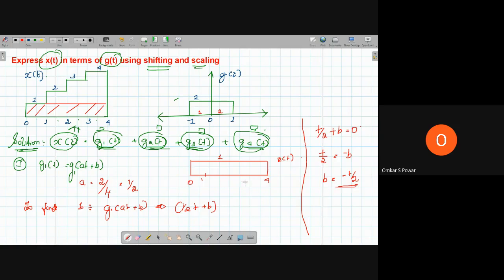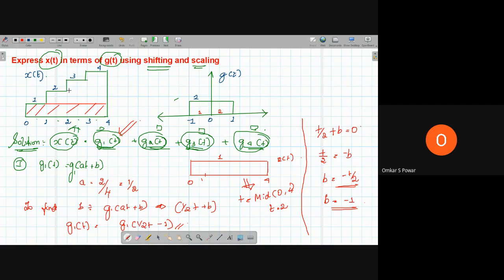But what is this t? It is the midpoint of 0 comma 4, which is equal to 2. Substituting in this equation, we get b as minus 1. Now we have got a and b, so g1 of t is g of half t minus 1. So we have got the first block.